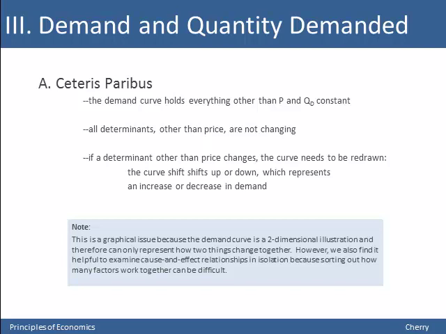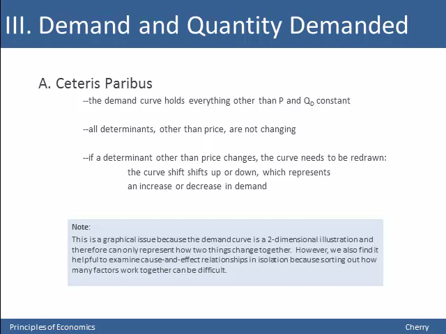That's what that means. Now, if one of those determinants changes, income, prices of related goods, tastes, or expectations, then that line is no longer valid. We have violated the assumption of all else equal, and that means we have to draw a new line. There's a new line, and there's a shift or a change in demand.